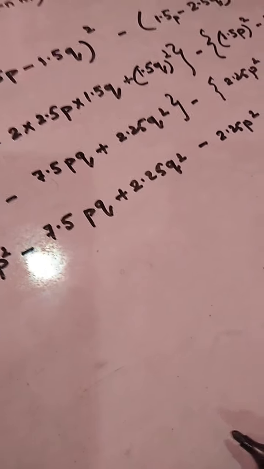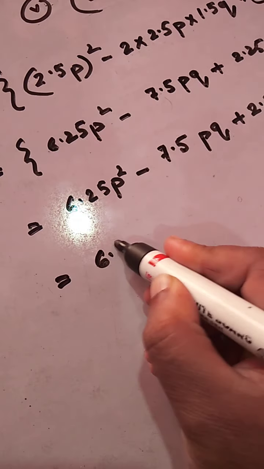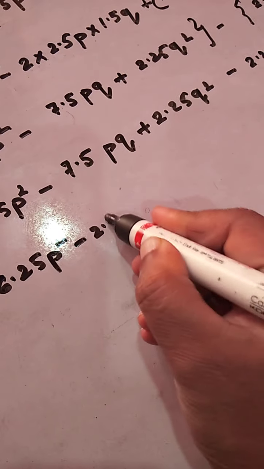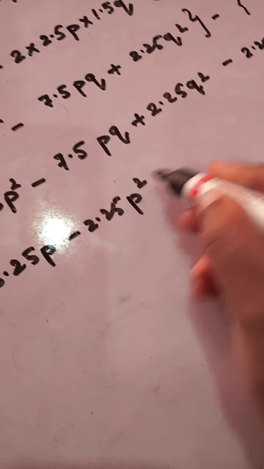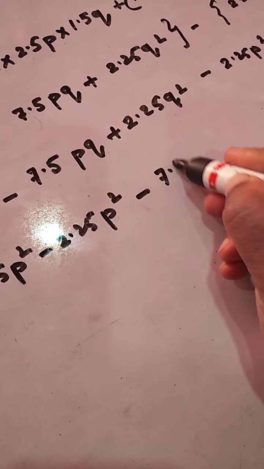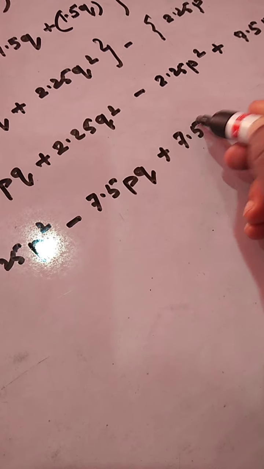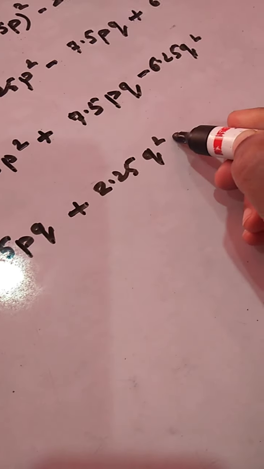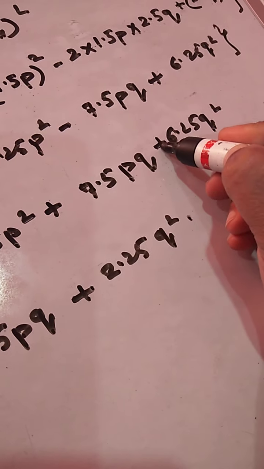Now we'll solve. We'll bring all the like terms together: 6.25 p square minus 2.25 p square, then 7.5 pq plus 7.5 pq, and finally 2.25 q square, sorry, this would be plus. No, sorry, this is minus.